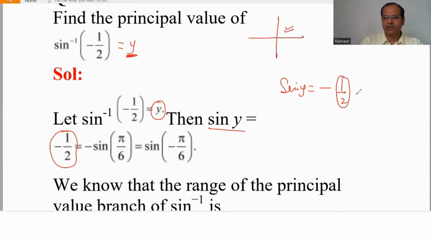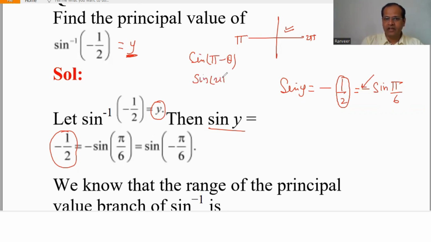This numerical value we first have to convert according to the first quadrant. According to the first quadrant, we know the value 1 by 2 is sine pi by 6. Now, when the minus is outside of the trigonometric value, first we have to remove it. For that we use the concept of pi or 2 pi, sine pi minus theta or sine 2 pi minus theta.